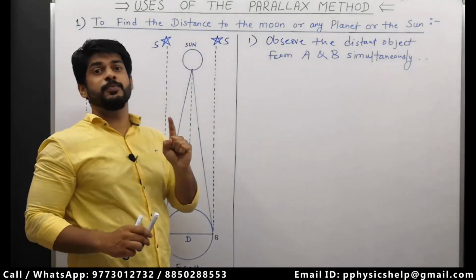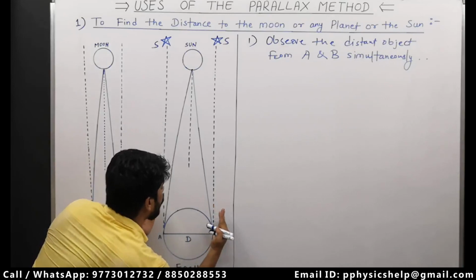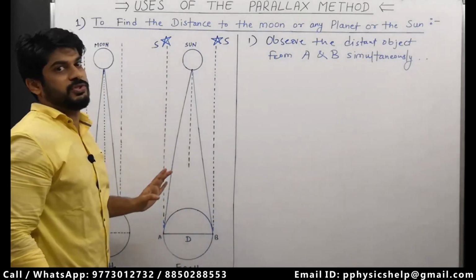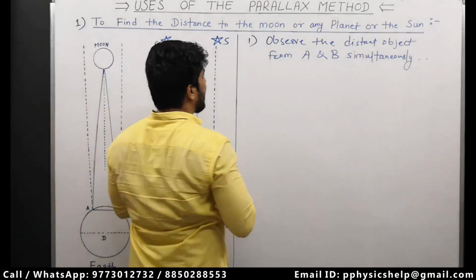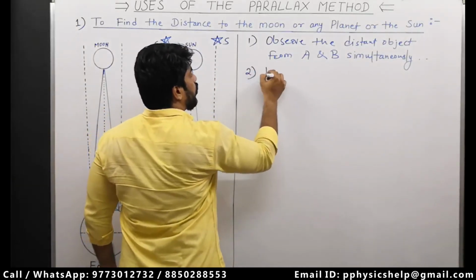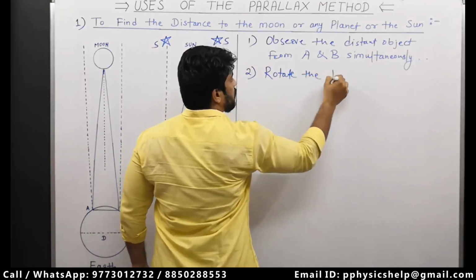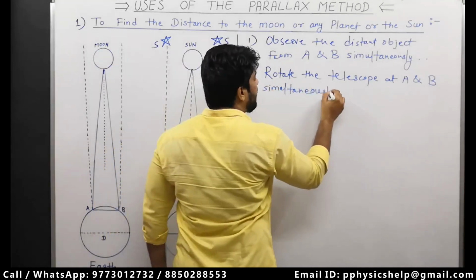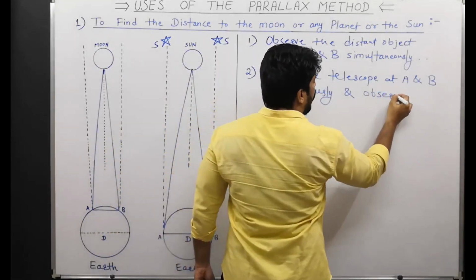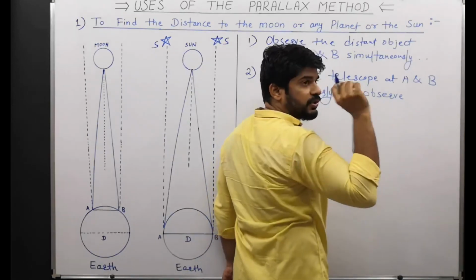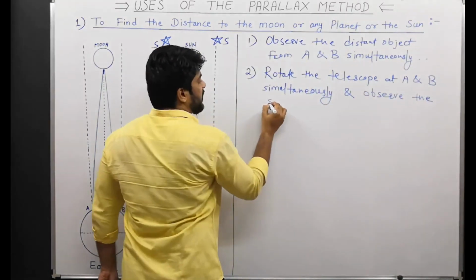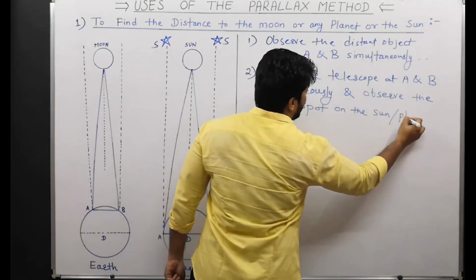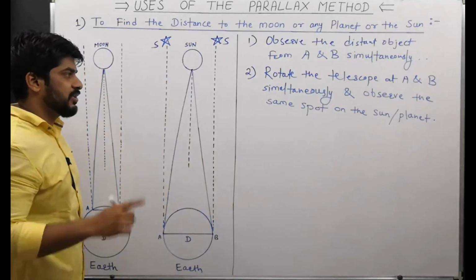We choose the same spot and rotate from here and observe the same spot from both positions. So the second step would be to rotate the telescope at A and B simultaneously and observe, or we can say focus on the same spot. Observe the same spot on the sun or any planet. That's our second step.